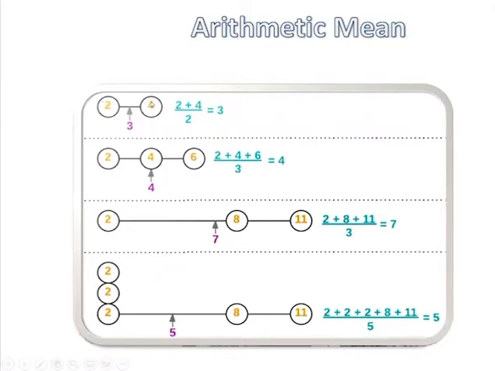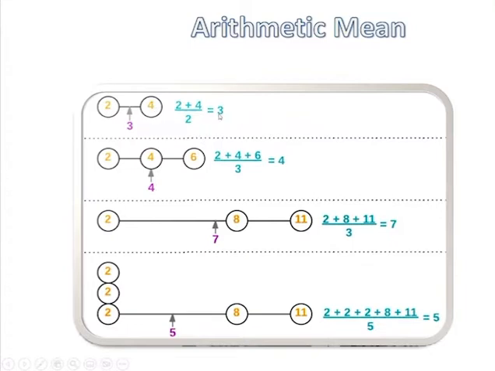If I have observations 2 and 4, and I find the arithmetic mean, the arithmetic mean is going to be the center of the two numbers. So 3 is at the center of 2 and 4.